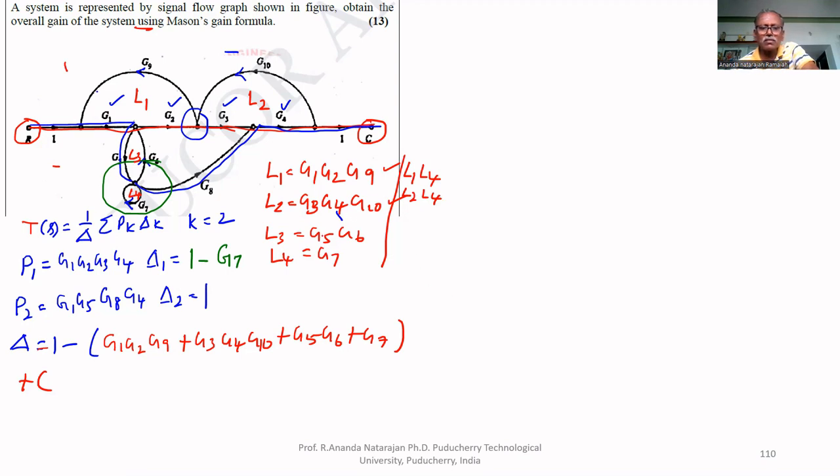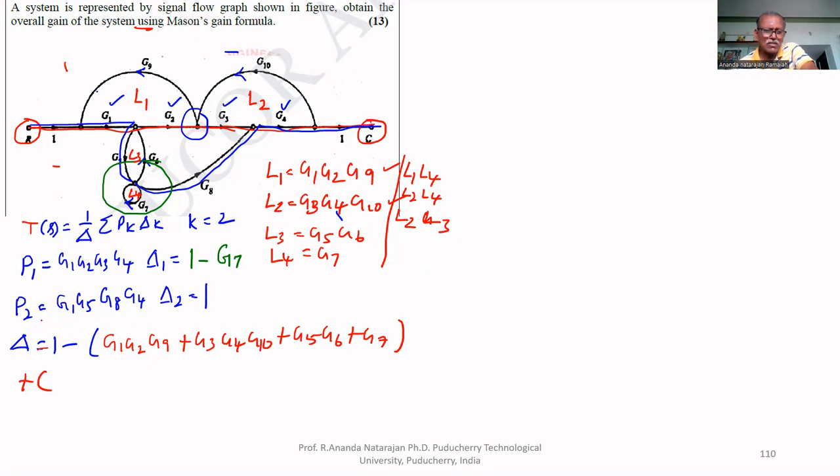G3, G4, G10, G5, G6. No common gain, and they are not touching, therefore L2, L3 also not touching each other. No other loops are not touching each other. Now there is no three non-touching loops. That's all.